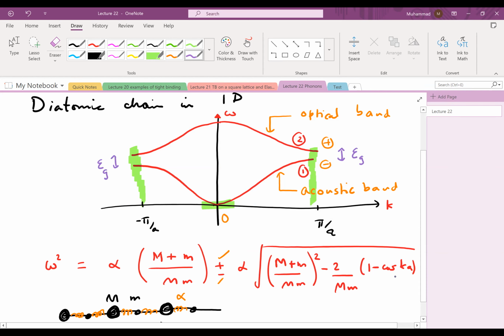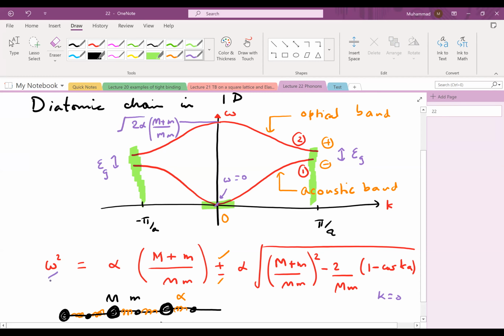And remember, by putting k equals 0, you can find out what these energies are going to be. Clearly, for the acoustic band, k equals 0 gives omega equals 0. And for k equals 0 in the optical band, the frequency is going to become the square root of 2 alpha (M plus m) over M m.